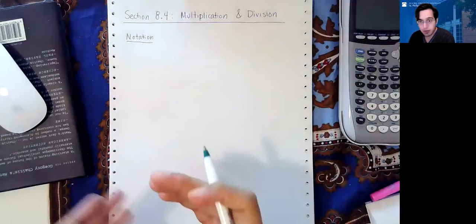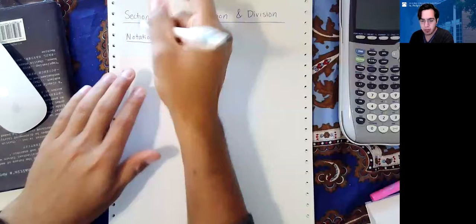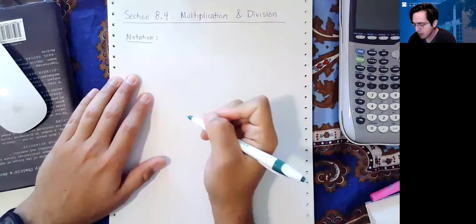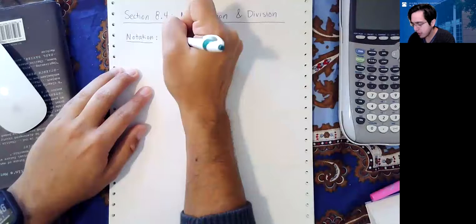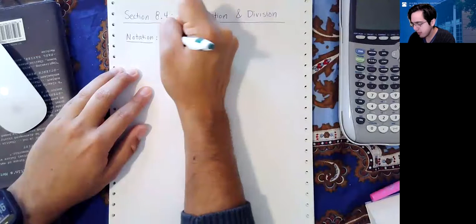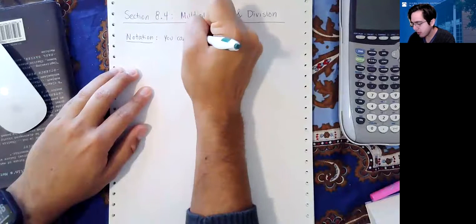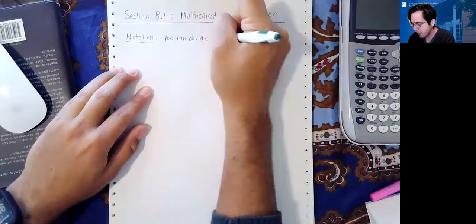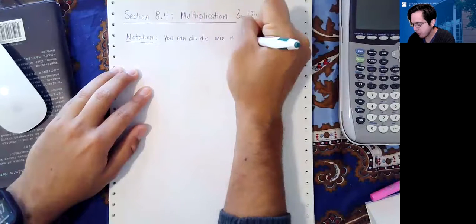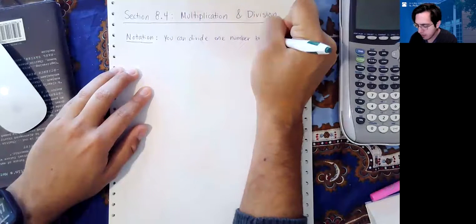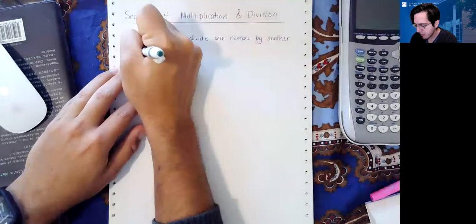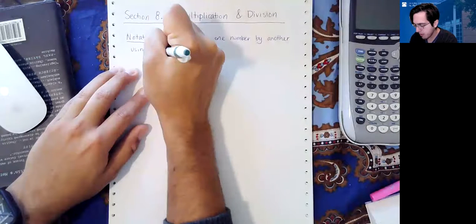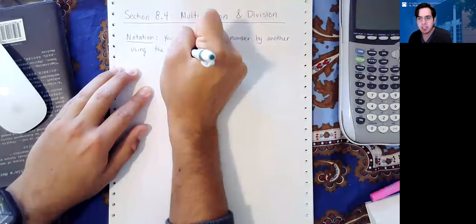So some notation that you might be familiar with is that when you divide numbers, you can divide one number by another using the symbol, our friendly neighborhood division symbol, right?